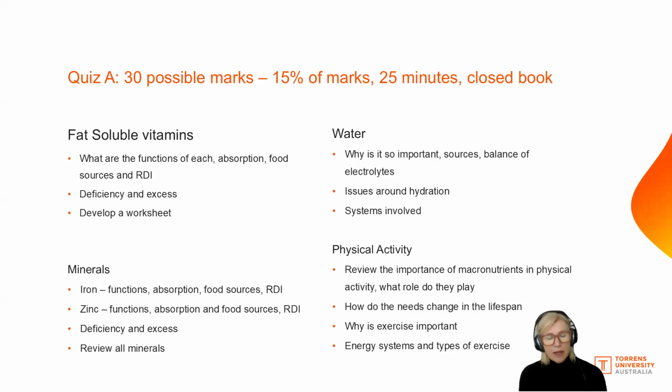Each system is going to become more prevalent in certain types of exercise, depending on the intensity and the duration. So in this week, we're unpacking the energy systems, a little bit of the chemistry behind those energy systems, and also the types of activities and the duration and how those systems actually work.